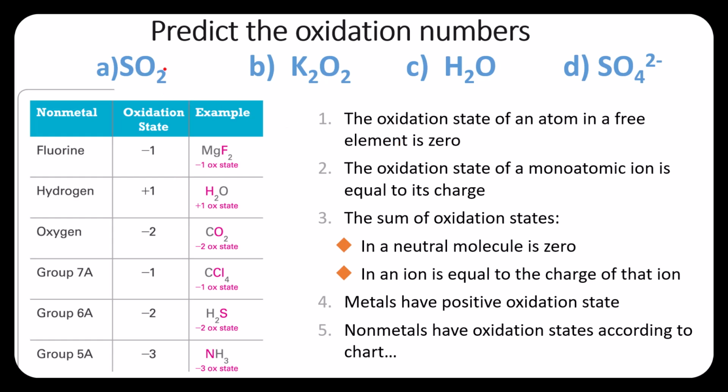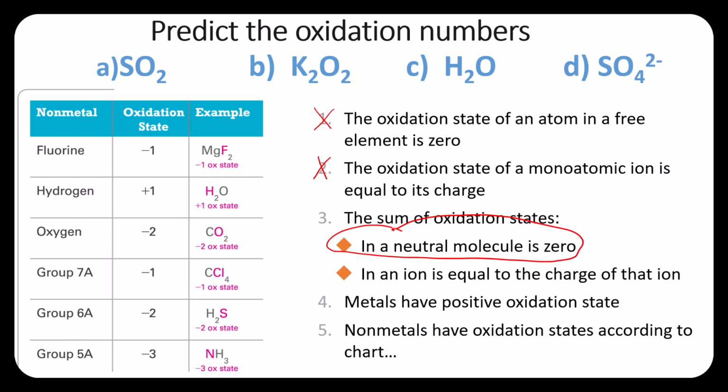Well, neither of those are free. They're in a molecule, so that is not important to us. The oxidation state of a monoatomic ion. Well, again, we don't have an ion, so that's not important. The sum of the oxidation states in a neutral molecule is 0. So this is going to be something very, very important to us.